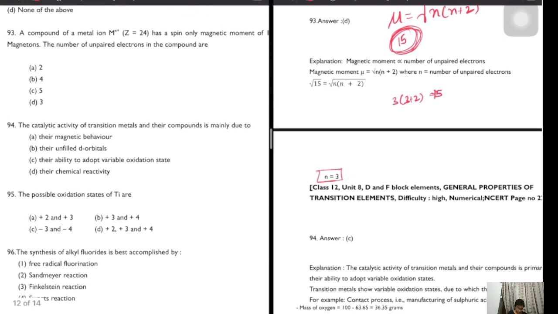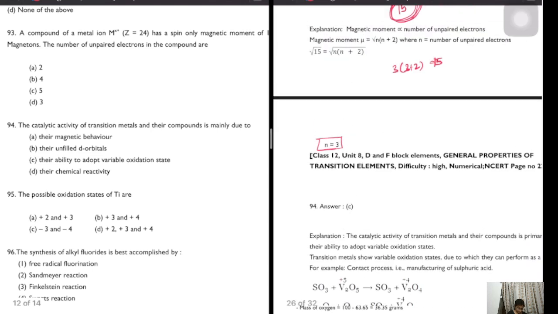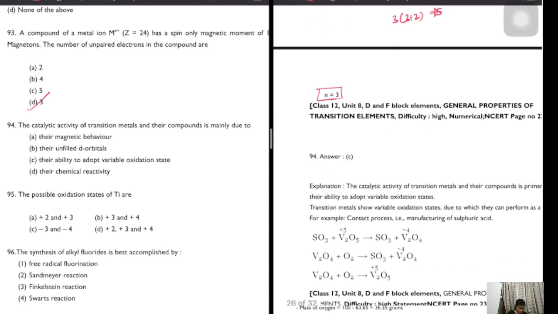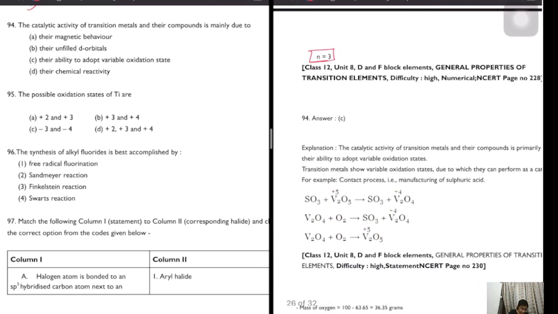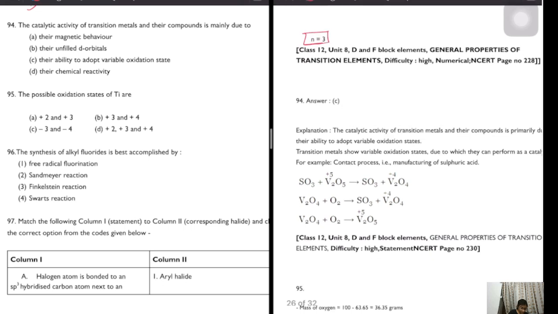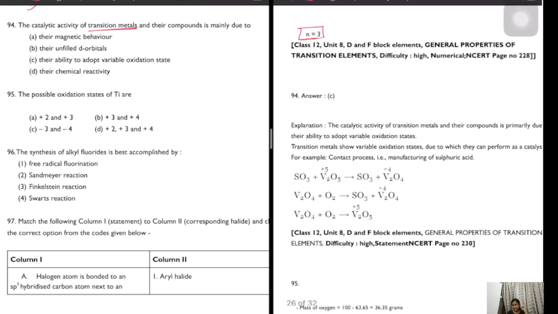Now in the next question, what do we have? The catalytic activity of the transition metals and their compounds is mainly due to... See, transition metals, what do they have that other metals and non-metals don't have? Variable oxidation states, right?